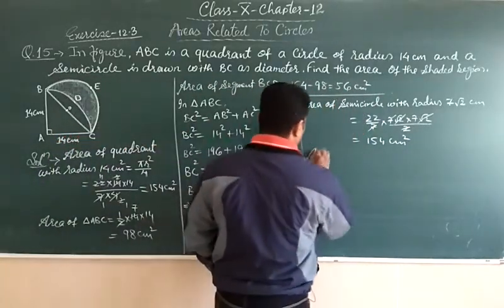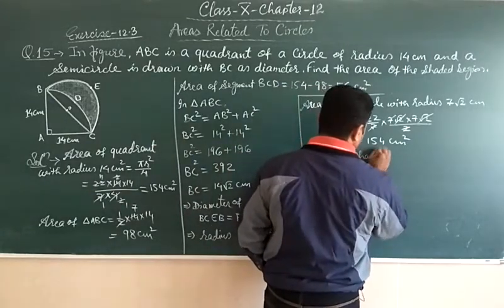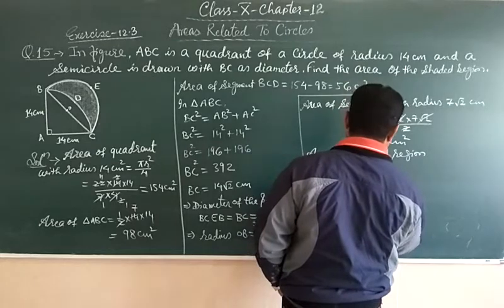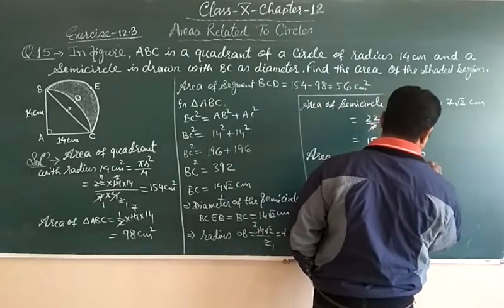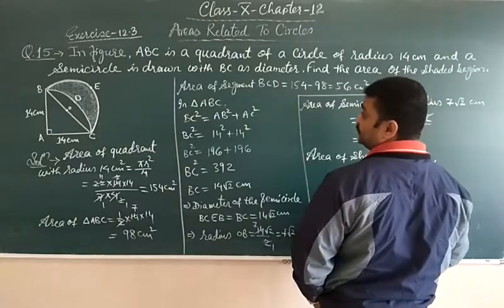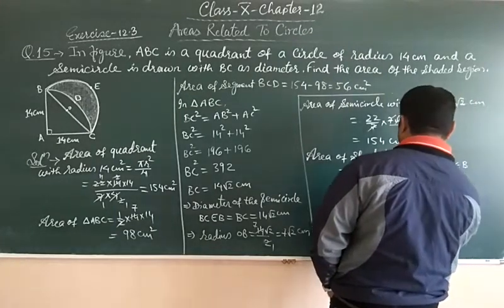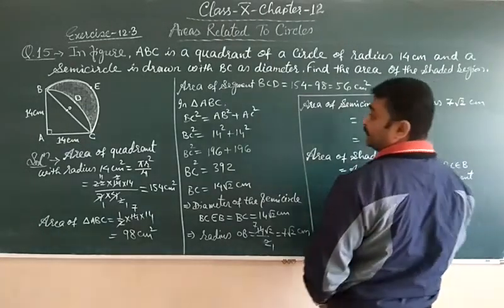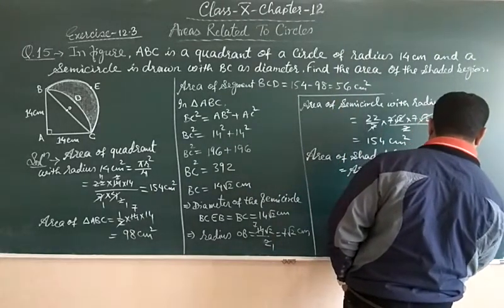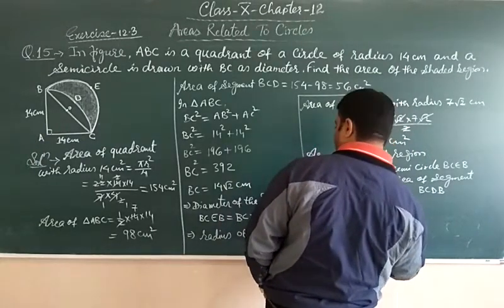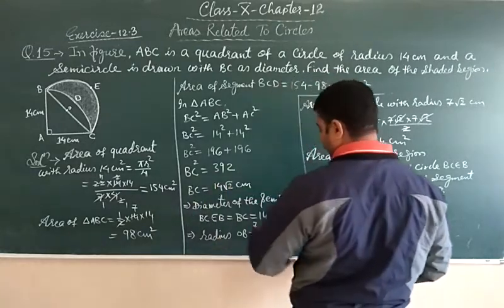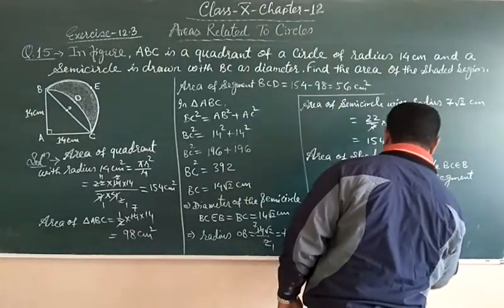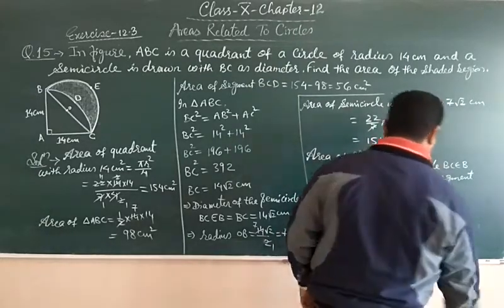Clear? Now the area of the shaded region is equal to the area of the semicircle BCEB minus the area of the segment BCDB, is equal to 154 minus this 56 centimeter square, that is 98 centimeter square, which is the required answer.